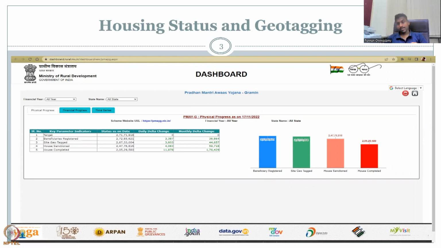Geotag means at a particular location, the house presence is confirmed using a picture and with the geo coordinates, which is that location. Let's say an address, a GIS address. And that address is put in the database. And that is the dashboard that comes up, right?